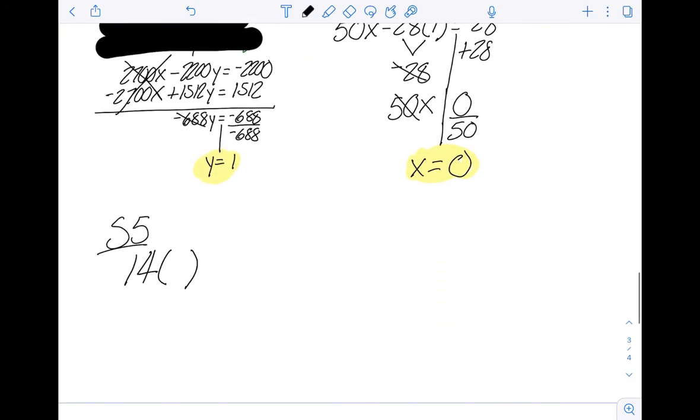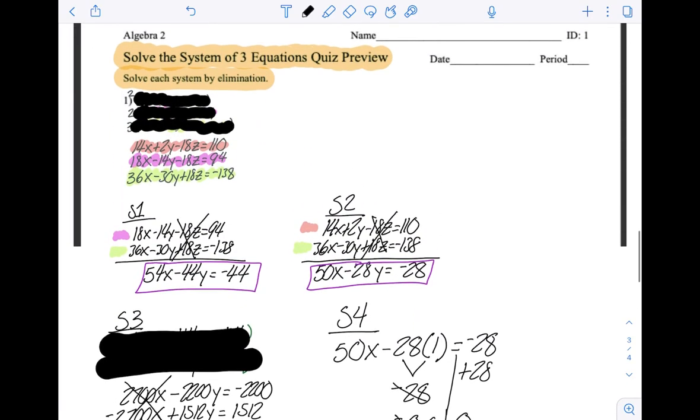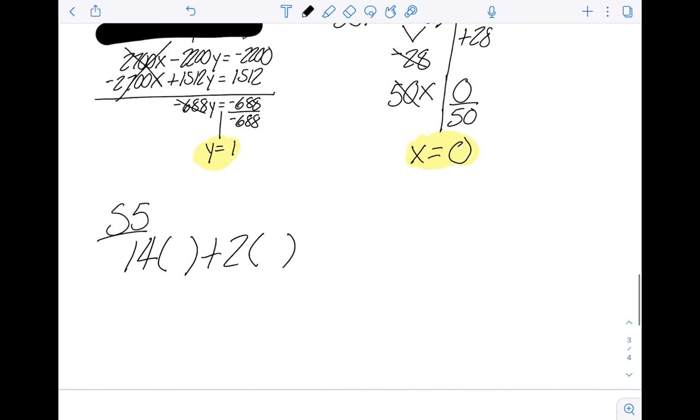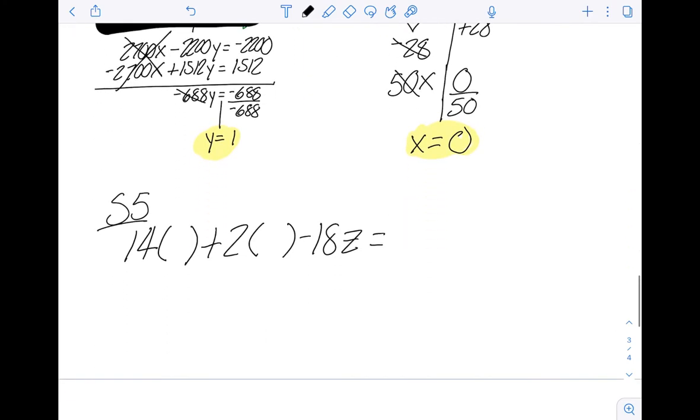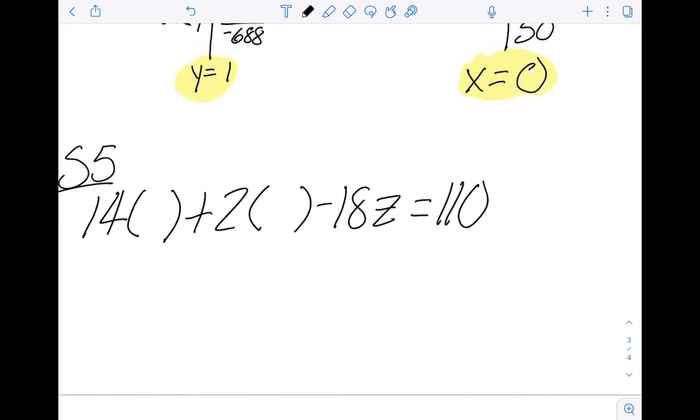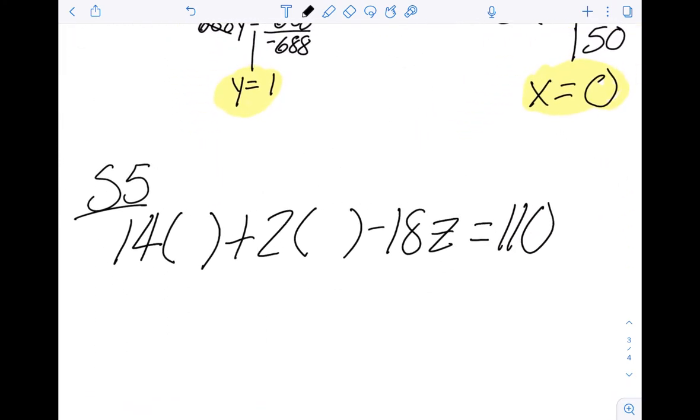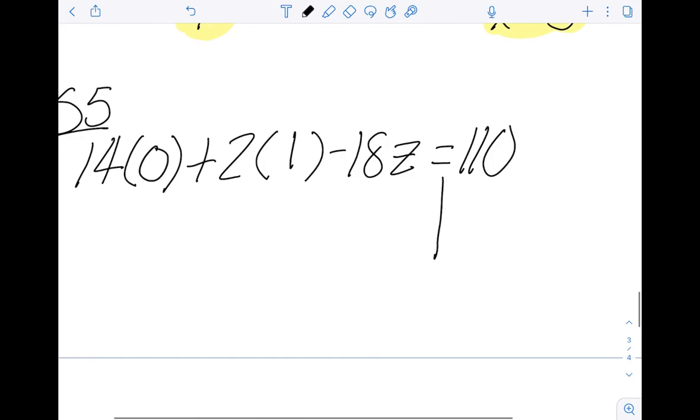Plus 2y plus 2 parentheses minus 18z is equal to 110. Look at that. My x is 0. My y is 1. All right.